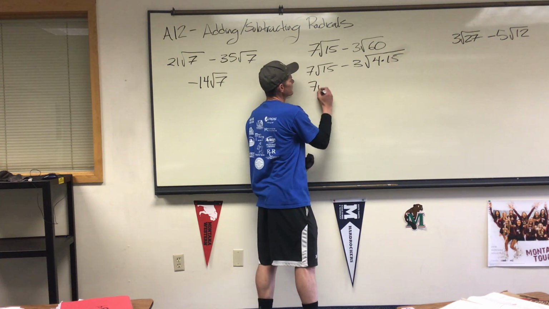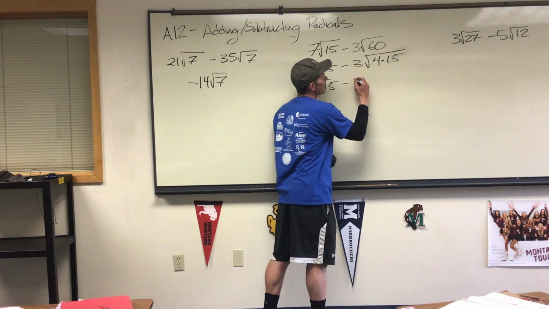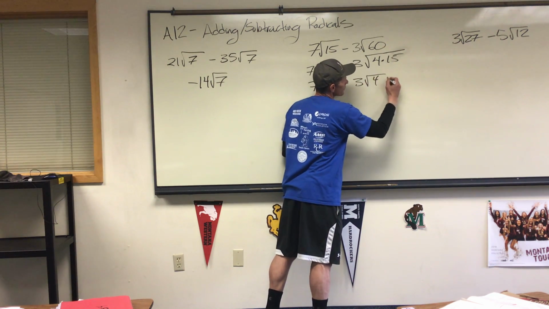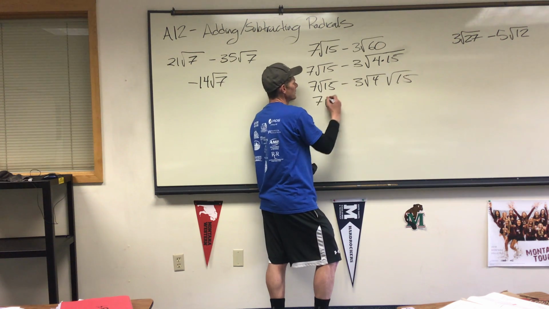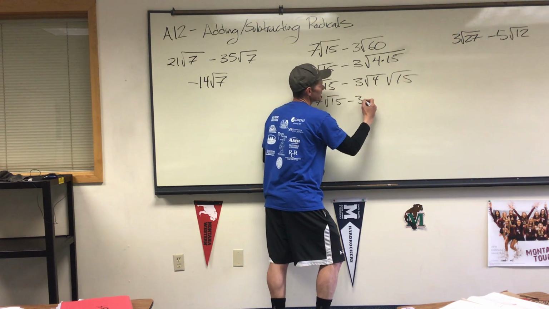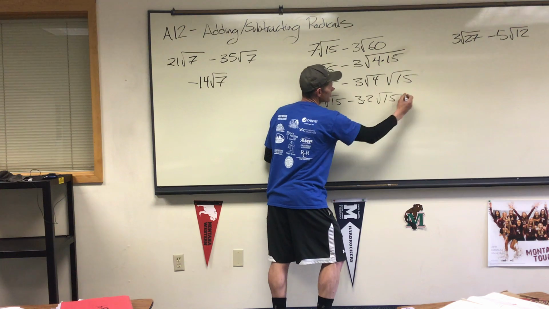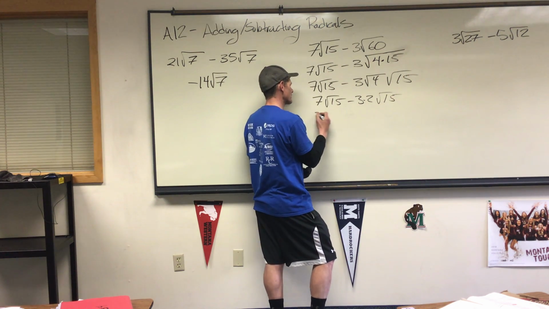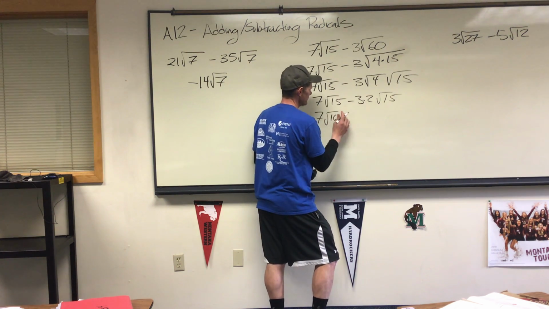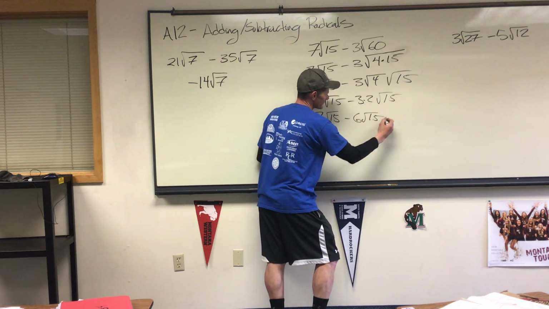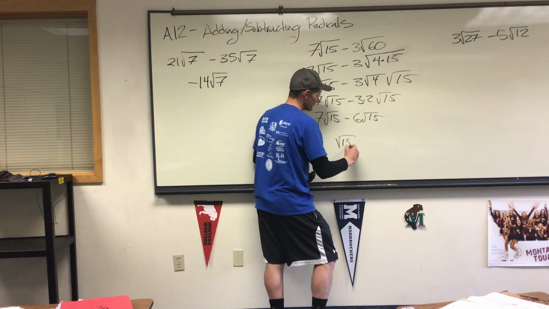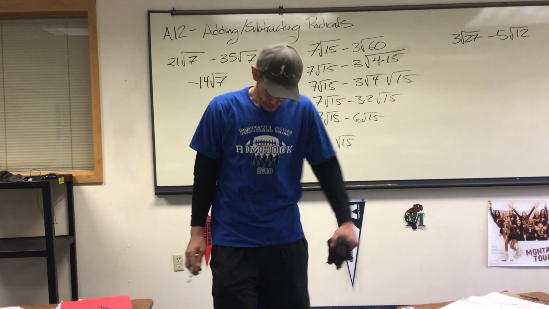So I can write 7 square roots of 15 minus 3 times the square root of 4 times the square root of 15. What's the square root of 4? 2. So we have 7 square roots of 15 minus 3 times 2 square roots of 15. Take away 6 of them. How many are you left with? Just one, the square root of 15.